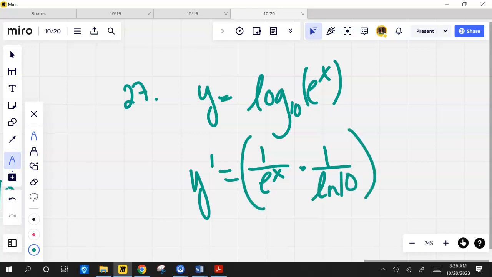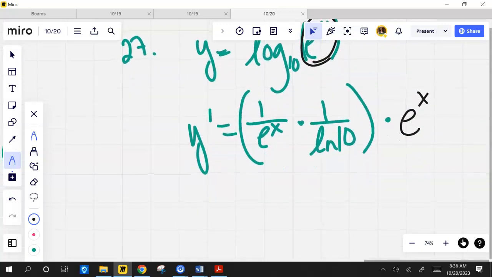None of this is chain yet. Now I'm going to chain, and whenever I chain, what am I finding the derivative of? E to the x, right? So what's the derivative of e to the x? E to the x. Well, that's going to be in the top and the bottom. So just have 1 over log 10.